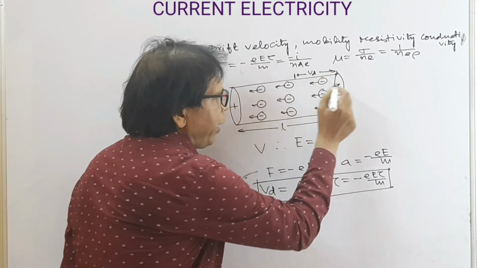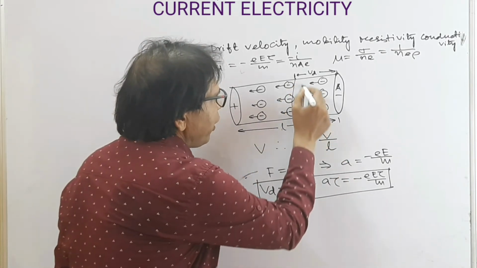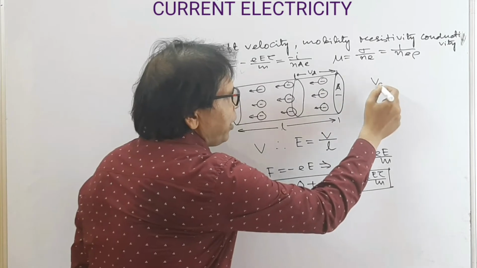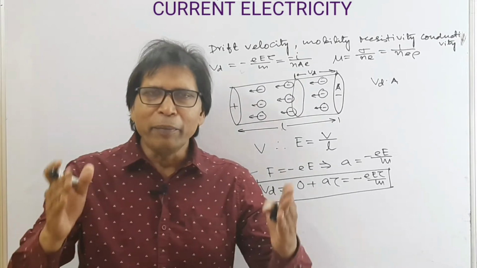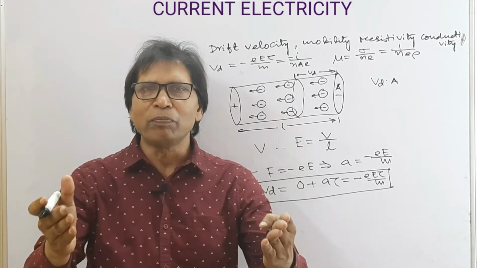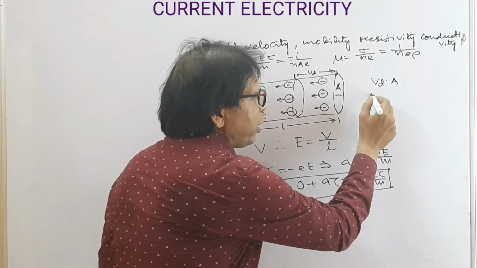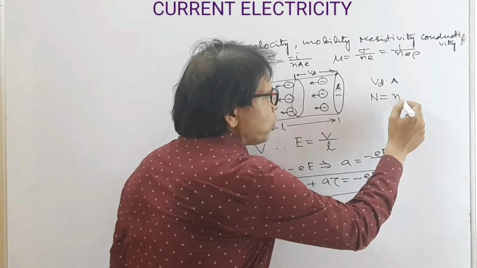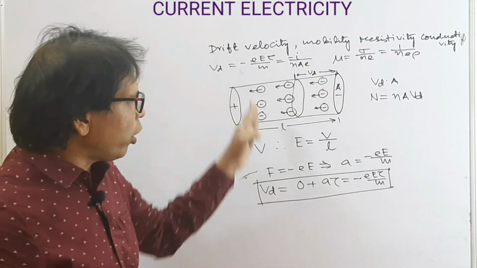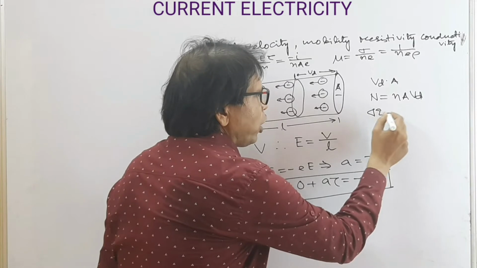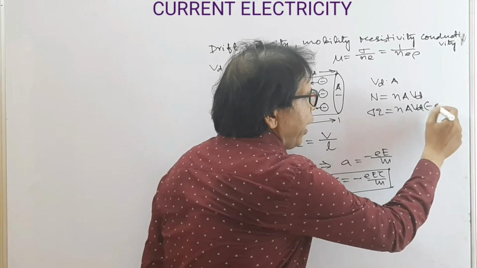Now if A be the area of cross section of the conductor, the volume occupied by electrons in 1 second is Vd into A. If n be the number of free electrons per unit volume, then the total number of free electrons in this volume, capital N, equal to small n A into Vd.